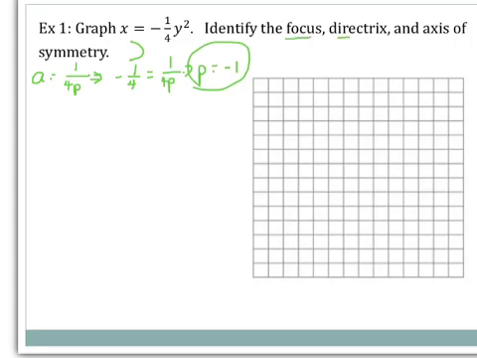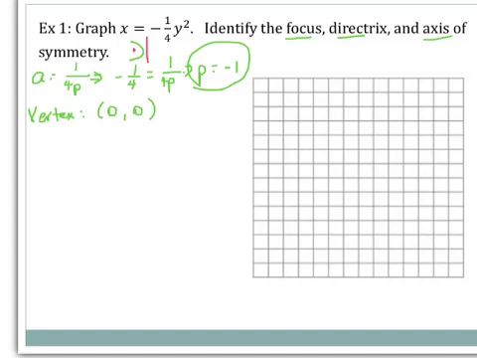So focus, directrix, axis of symmetry. All right, so for your vertex, then make a list of these things. There's nothing subtracted from x and nothing subtracted from y, so your vertex is 0, 0. And let's orient this. So if my parabola opens left, my focus is going to be in the cup, my directrix is going to be back here by 1.